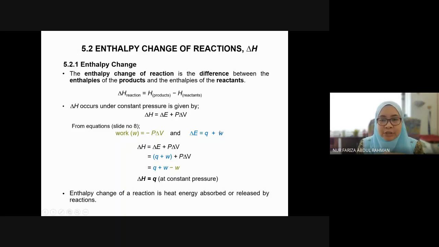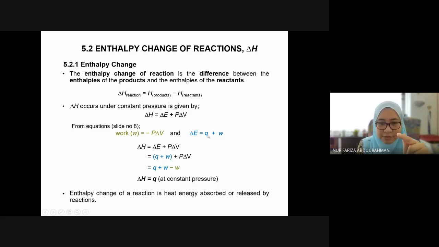It doesn't have W. Because E is Q plus W, but a chemical reaction normally doesn't have W, especially if the reaction does not involve any gas. So W will be 0. Okay, all right. So to represent the chemical reaction, special for chemical reaction, we use H, right?